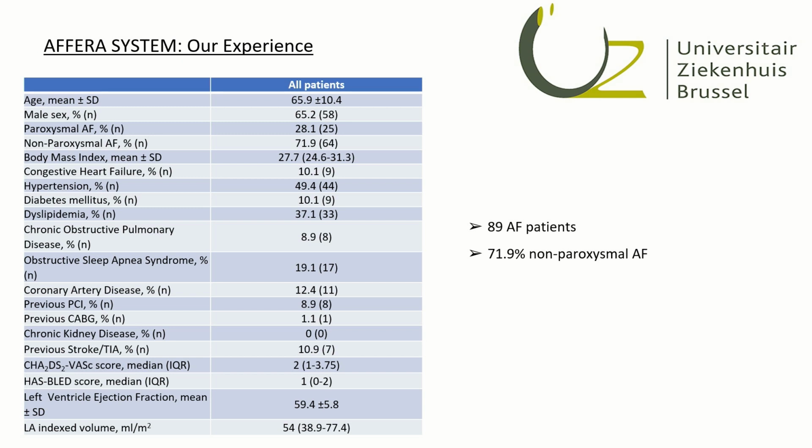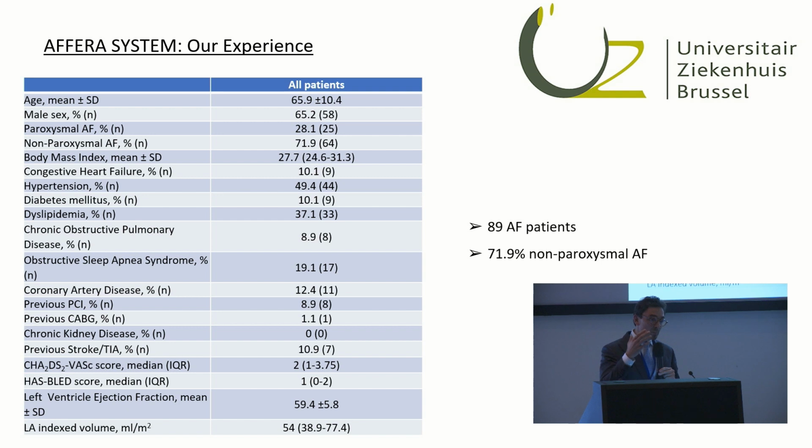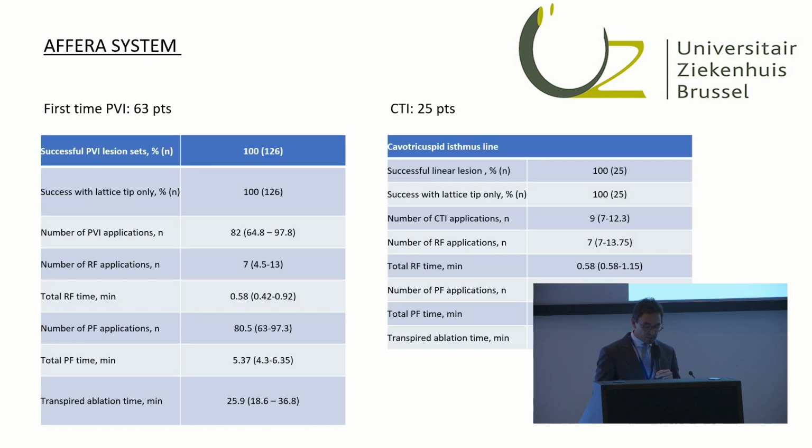Our experience, again, 89 patients. We mainly dedicated it to patients who have non-paroxysmal AF because we mainly perform PVI in paroxysmal AF and nothing more. So these are mainly patients with long-standing persistent AF or repeat procedures because this catheter can map the arrhythmia. It can ablate with both energies, as I've just told you.